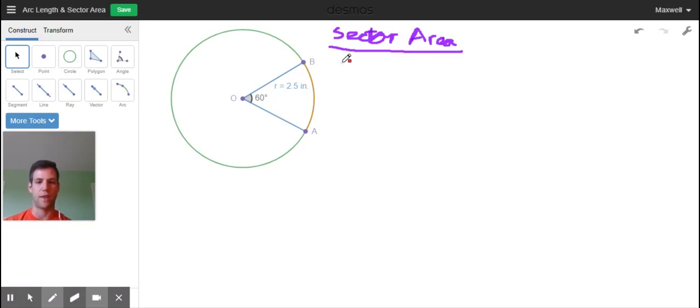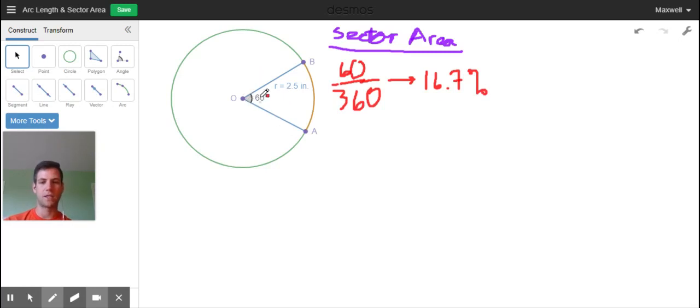We've already found that. We know we can do 60 over 360 and find the percent that 60 is of 360. We already know that is approximately 16.7%. So we know that this 60-degree sector will take up about 16.7% of the whole area of the circle. We want to know the area of this little sector.